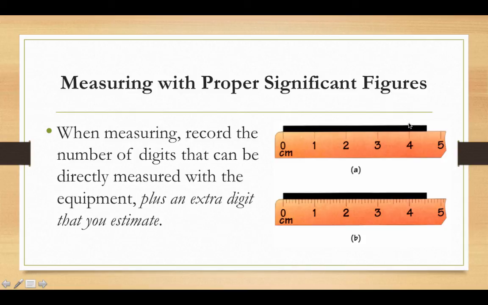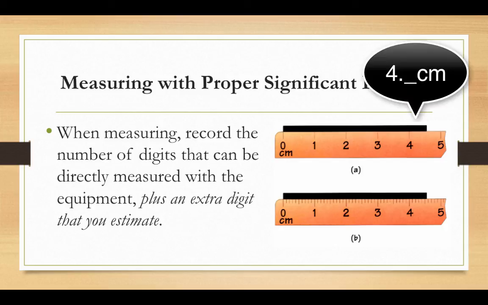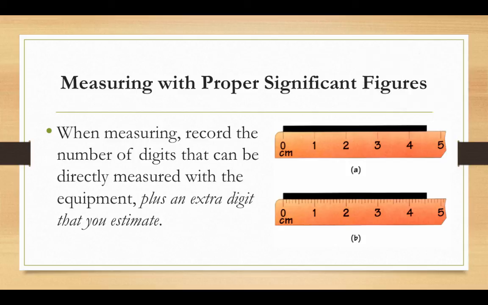So some people might say 4.5, some people might say 4.6, some people might even say 4.7. And so my estimated value is the tenths place. I know it's 4 centimeters, that's my known value, and then I estimated one place past that. 4.5, 4.6, 4.7. We can all differ a little bit on our estimated value.